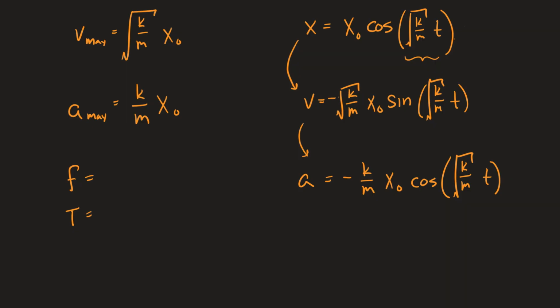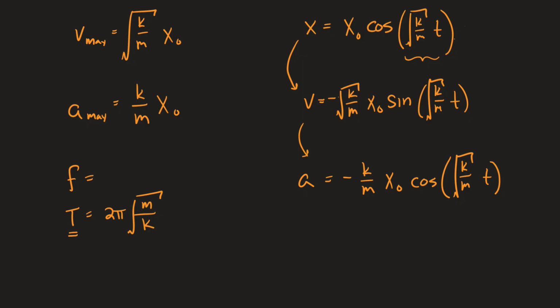And that gives us our answer, right? Okay. So period is 2 pi, but we're going to divide by square root of k over m. So instead of dividing by it, I'm just going to flip it, put the square root of m over k. Okay?